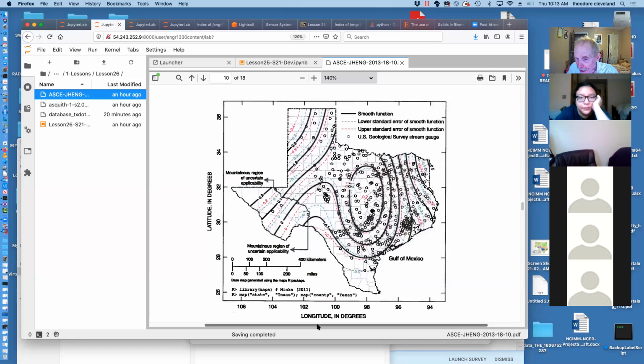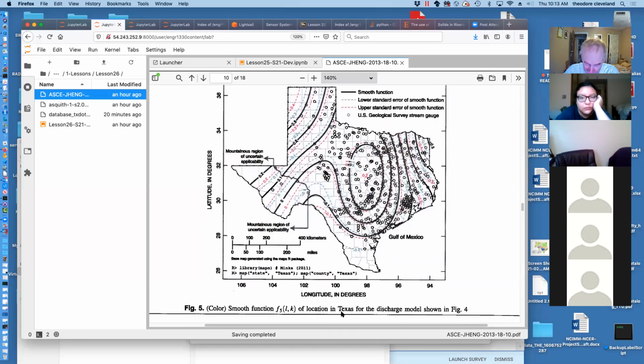So what it's trying to convey visually is that that solid contour line is where the computer model thinks the particular discharge parameter is supposed to be in space, in XY space or latitude longitude space, but there is a lower and upper single standard error variation represented by the dashed lines.